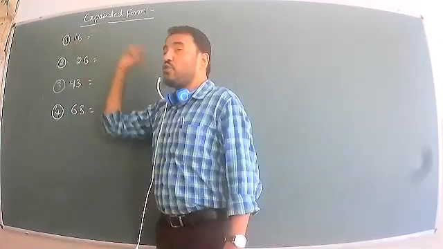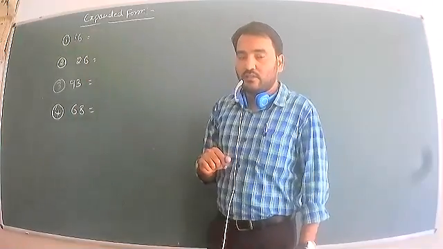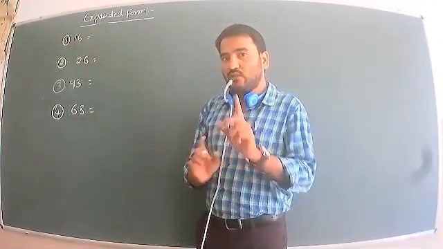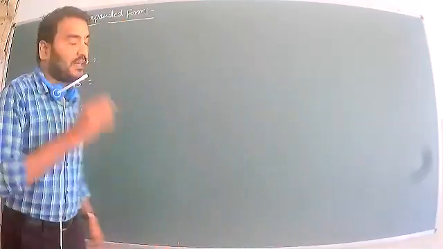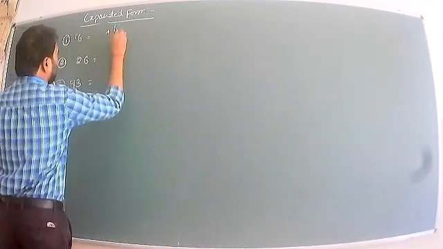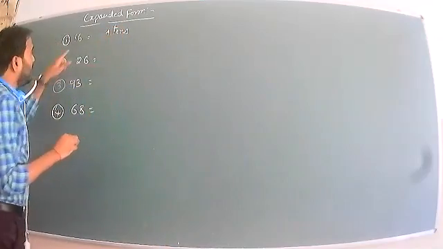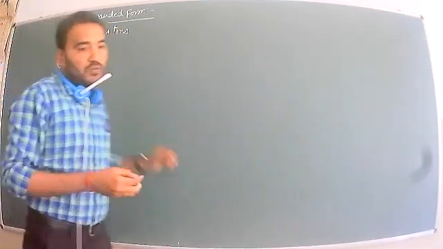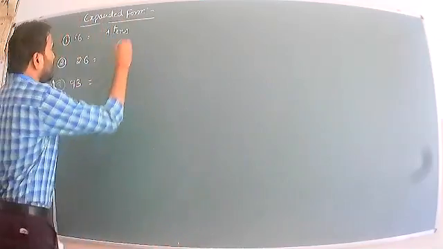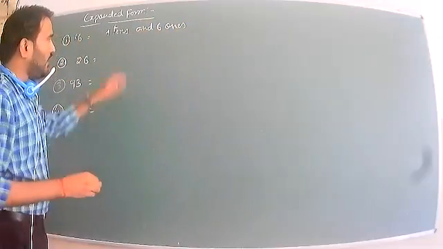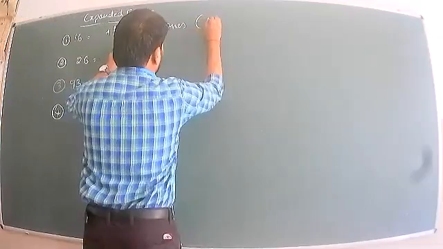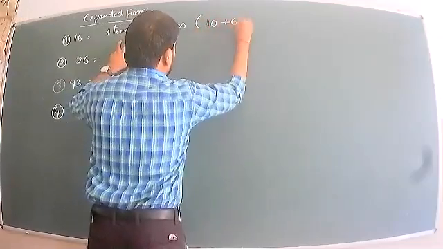Here, in 16, the first place: how many ones are there? And how many tens? One tens. So it is one tens and six ones. We should write 10 plus 6.